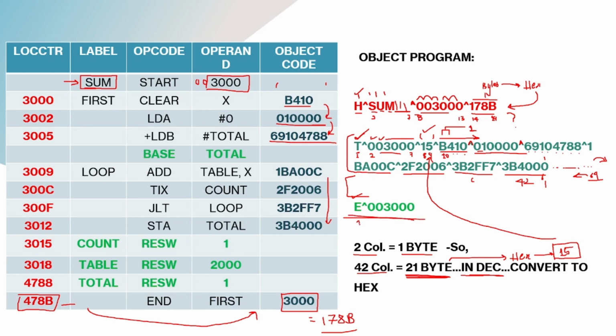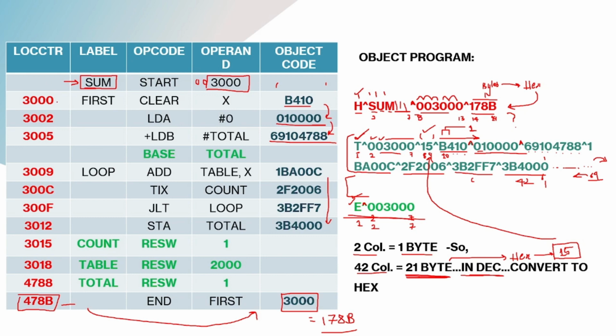We have our first column representing the E right here. That's done, and then a caret symbol. Now columns 2 to 7. What do they represent? It's nothing but the address of the first executable instruction in the object program.